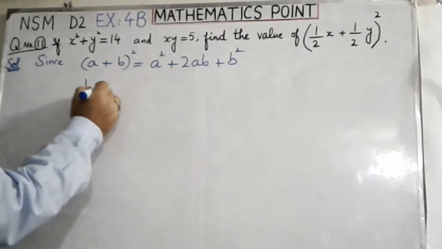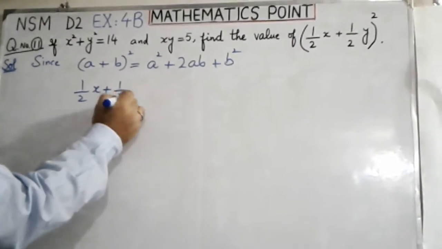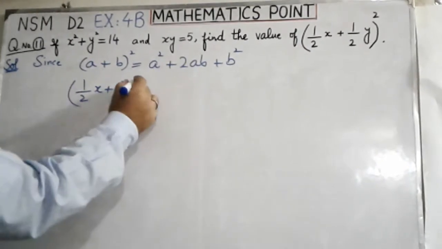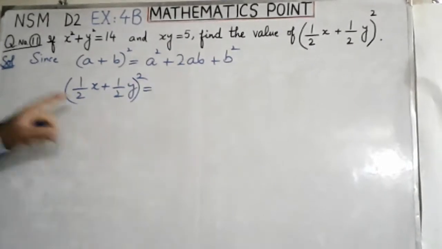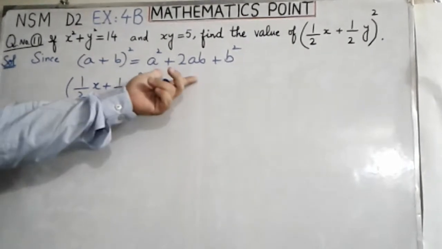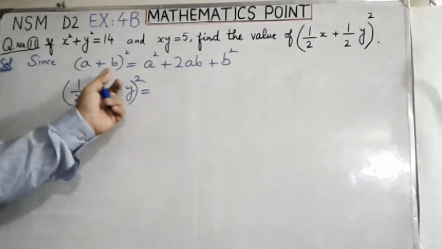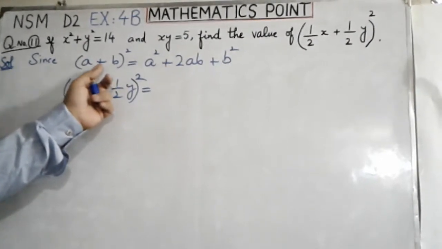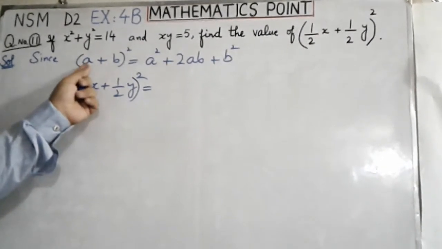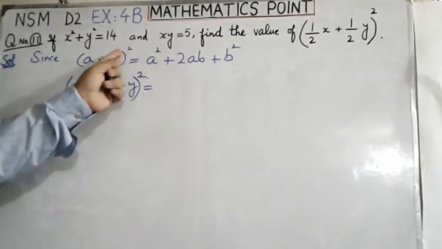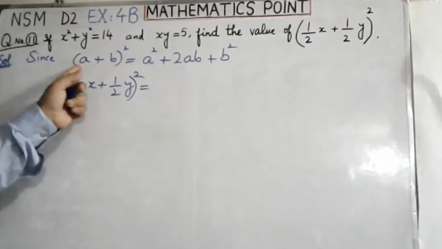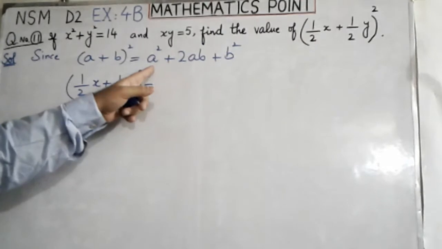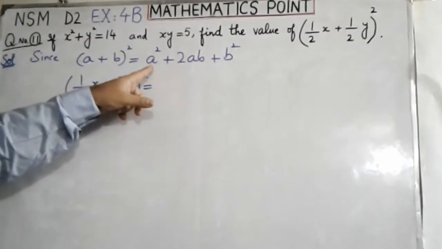1 by 2x plus 1 by 2y whole square. We are going to expand this expression by using the formula, where a means the first term and b means the second term.